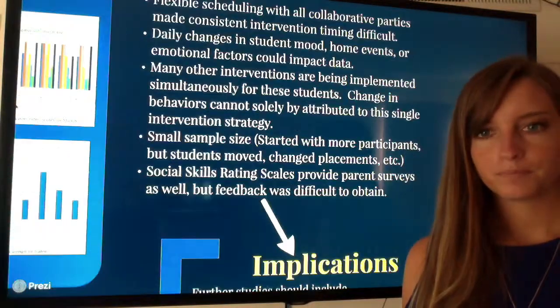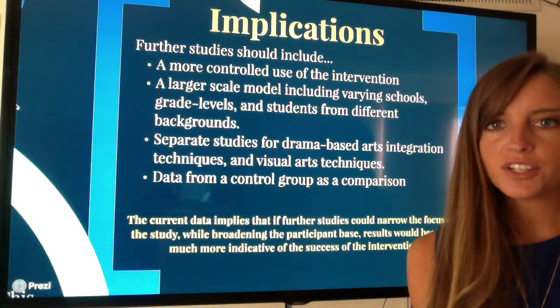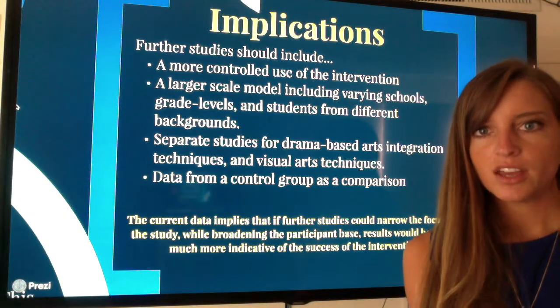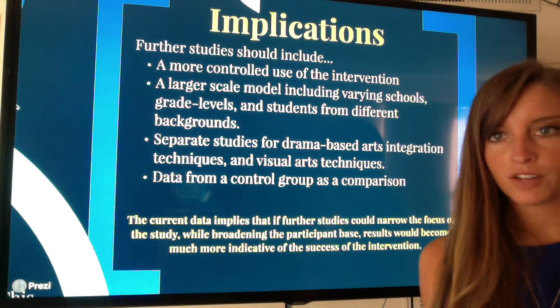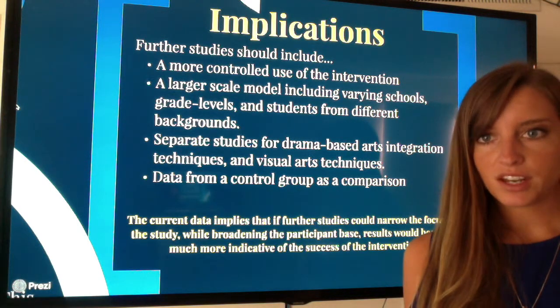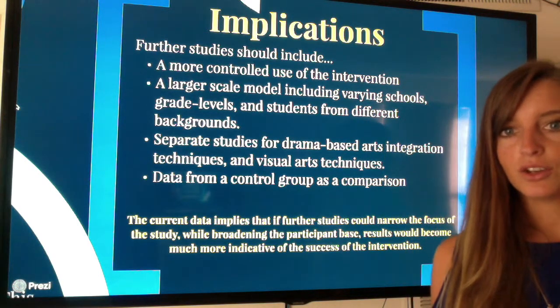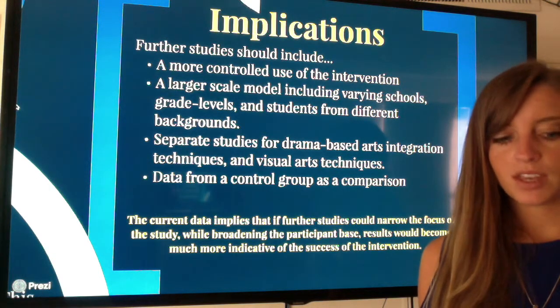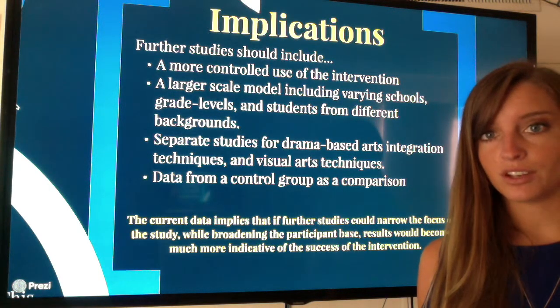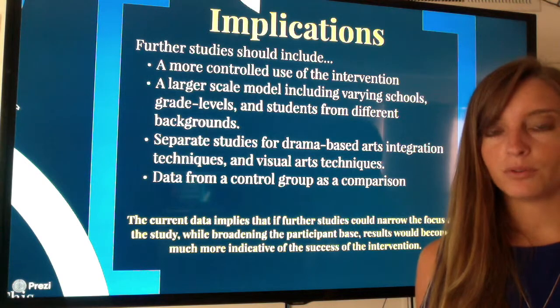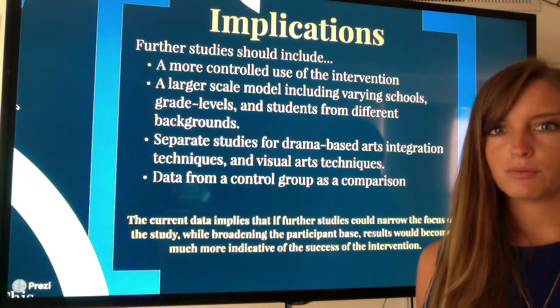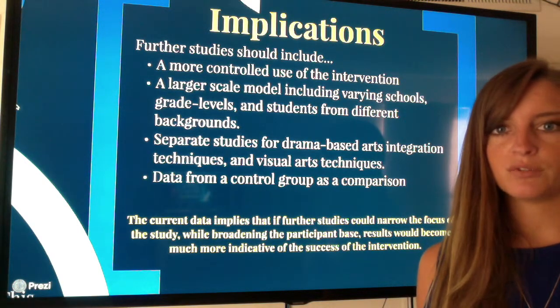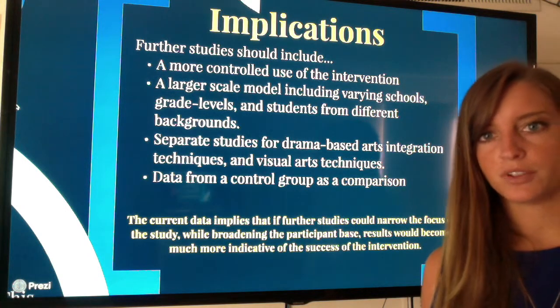As far as implications go for further studies, they should include a more controlled use of the intervention. The results from this study indicated that it could be a promising strategy to use in the inclusive setting, but we would need more research to conduct studies with larger scaled participants, varying schools, grade levels, and students from different backgrounds.